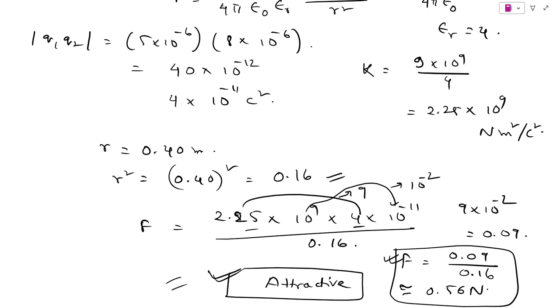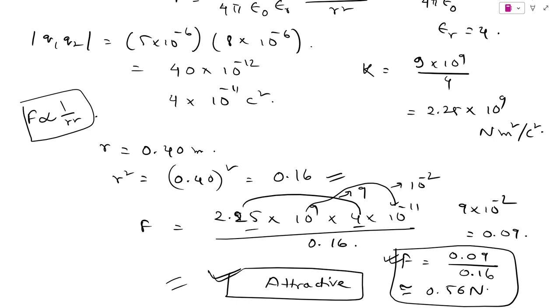Now suppose we double the distance, and since F is inversely proportional to R square, doubling the distance makes the force 1/4 of its original value, right? So this is called the inverse square law, one of the most important laws in physics. This is very important.